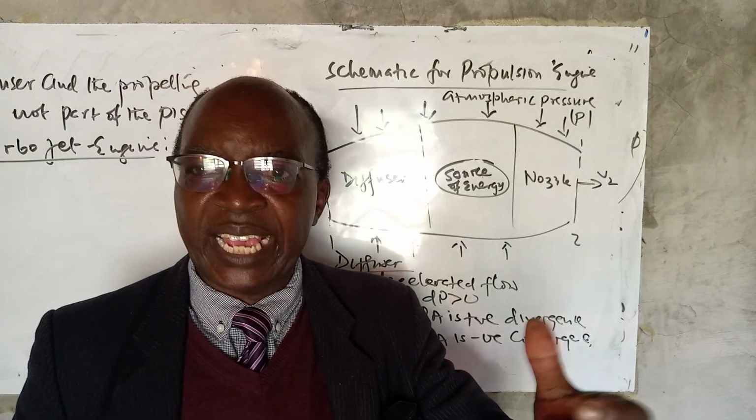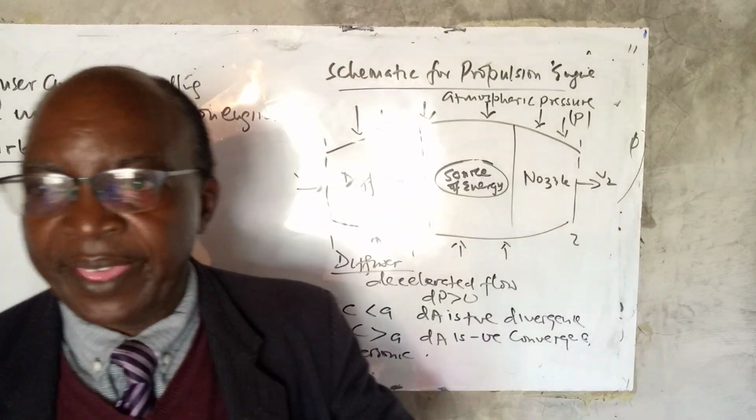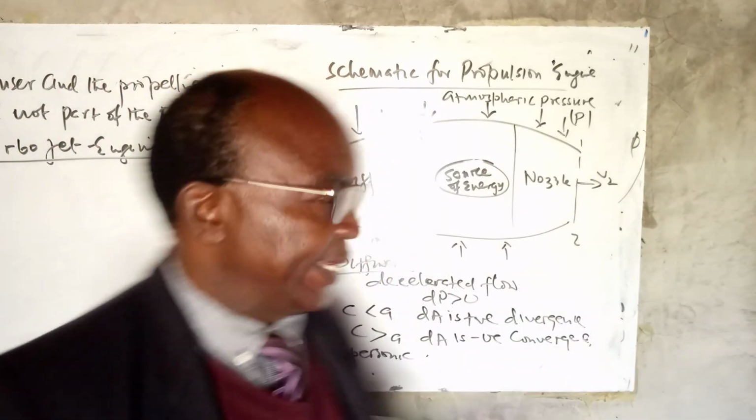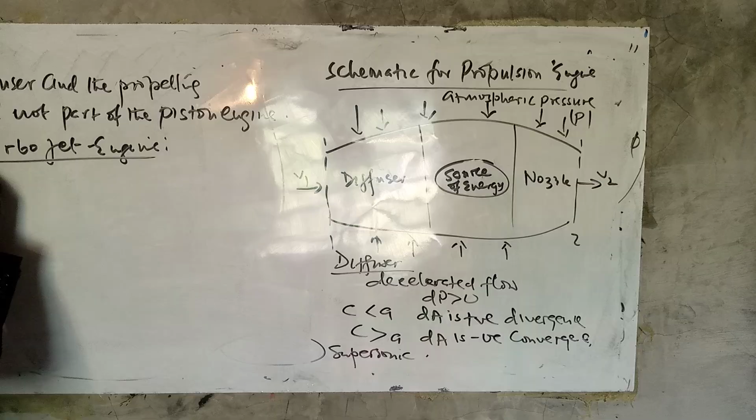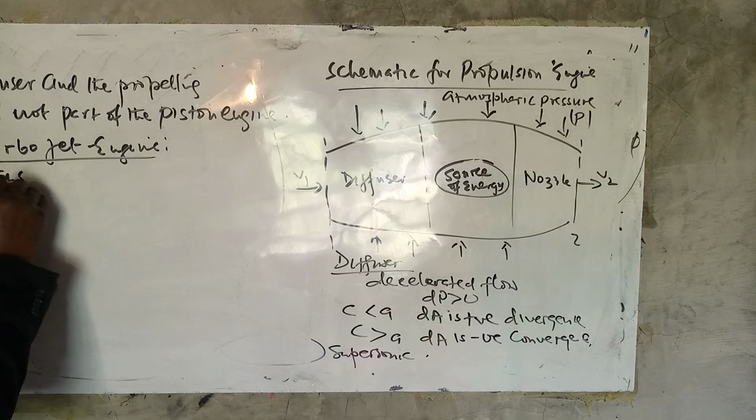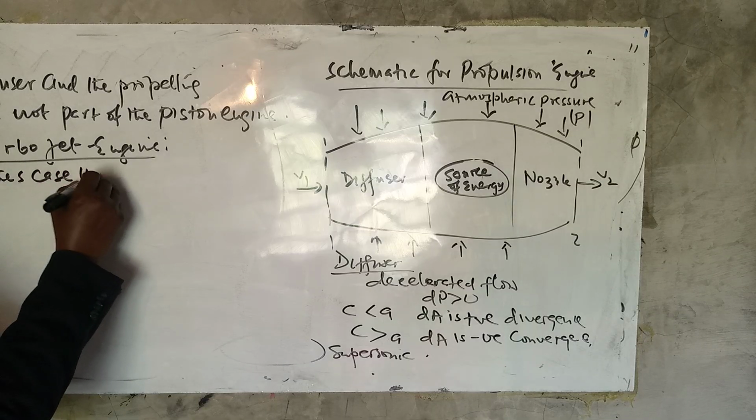We have the compressor, we have the combustion chamber, and we have the turbine.